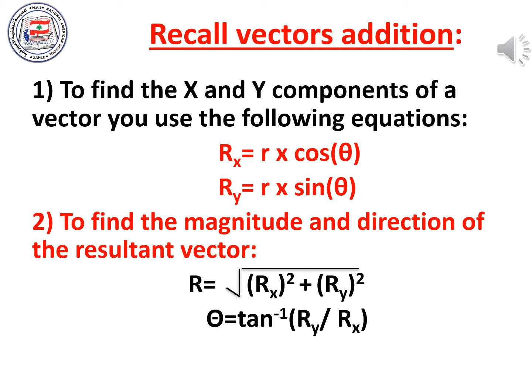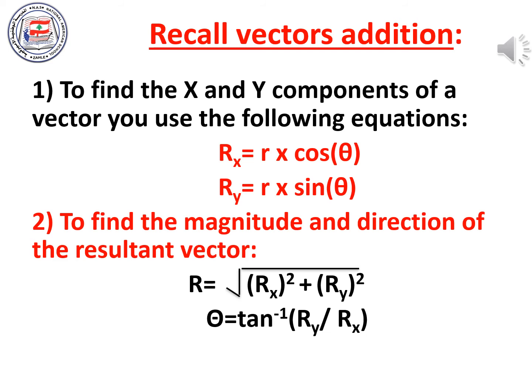R is the magnitude of the vector and theta is the angle relative to the horizontal. So in order to find the x and y components, we need to know the magnitude of the vector, the length of the vector, which is called R, and we need to know the angle, the direction relative to the horizontal.